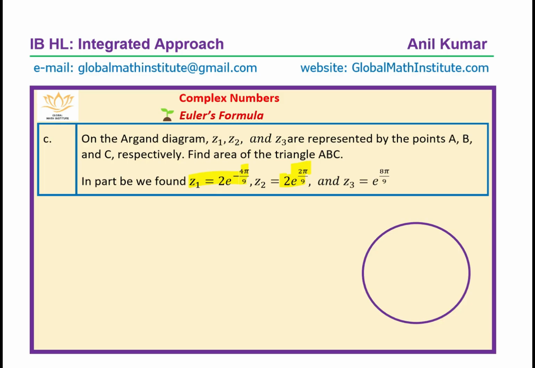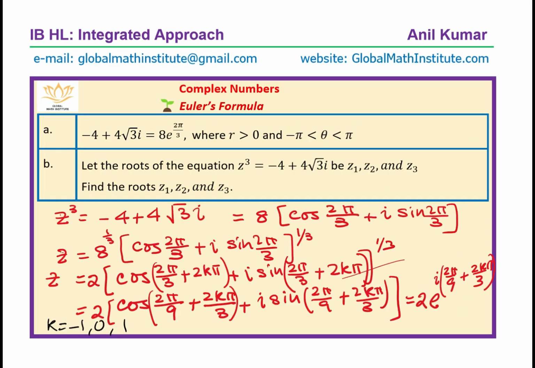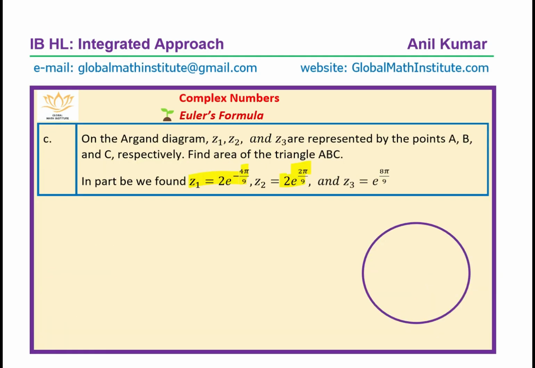So that's how we get all three roots, right? There was insufficient space here, so we substitute these values and get the three roots.